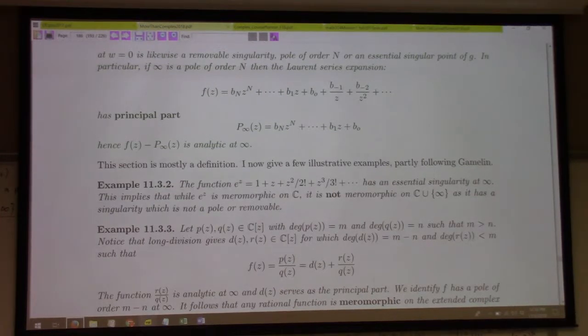I would be interested in the other place in the notes where I said otherwise. So, yeah. And I trust you that it is there because you're pretty careful and attentive to details. So, all right, so anyway, there's the principal part. There's the piece which is going to be analytic at infinity, all right?